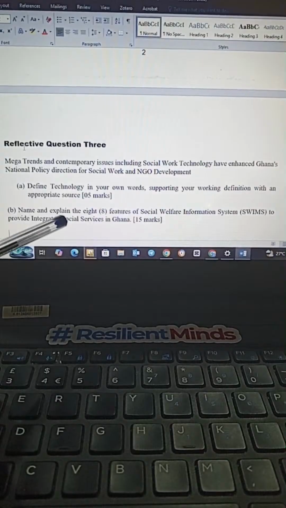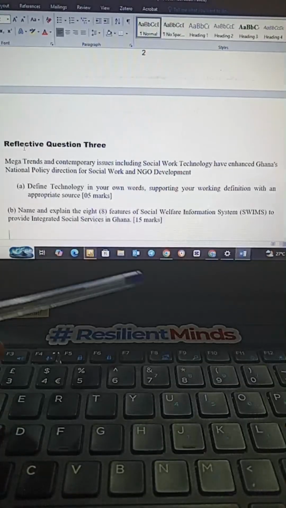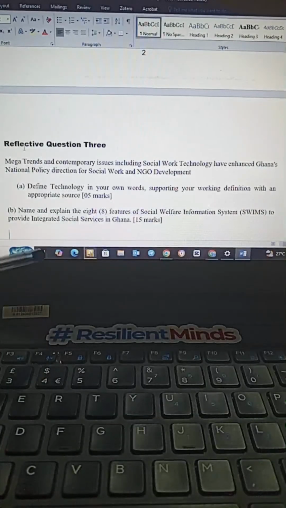These are the main aims of SWIMS. So that is a brief about SWIMS.